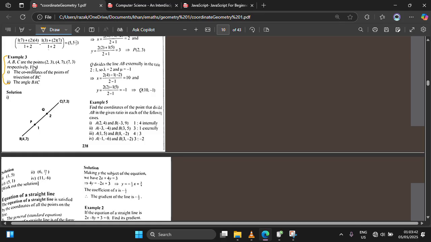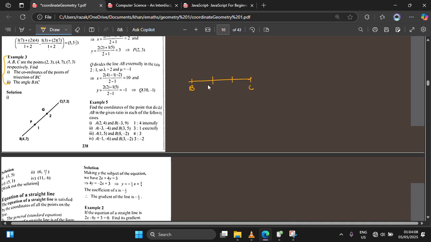So A, B, and C are points. This is A, this is B, this is C. Find the coordinates of the points of trisection of BC. So the line is BC. We want to find the coordinates of trisection. That means we want to find 2 points that will divide this into 3 equal parts.